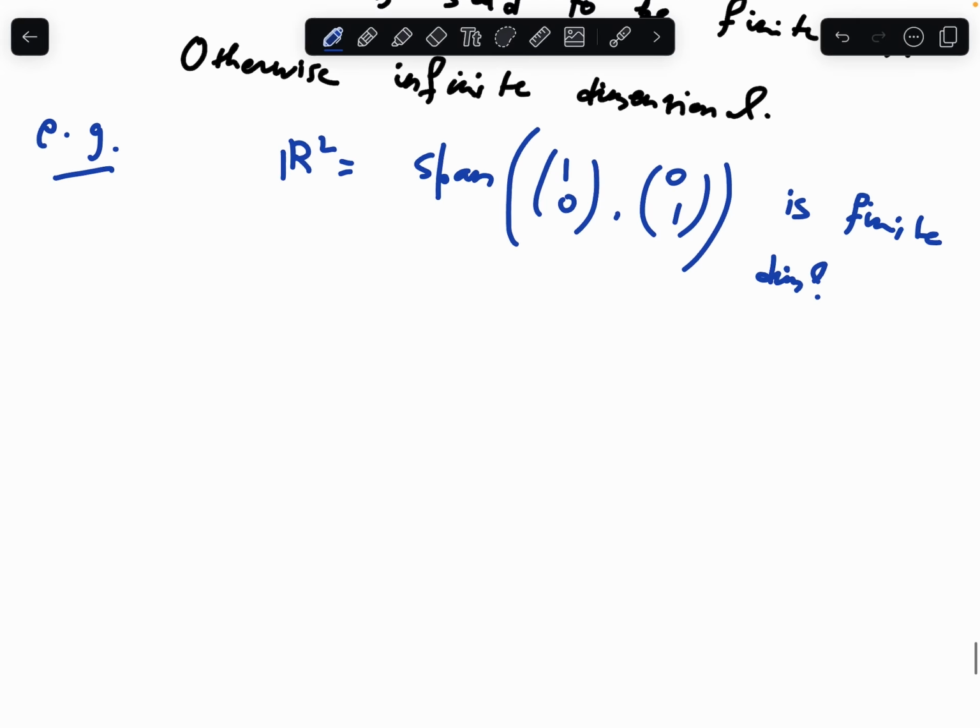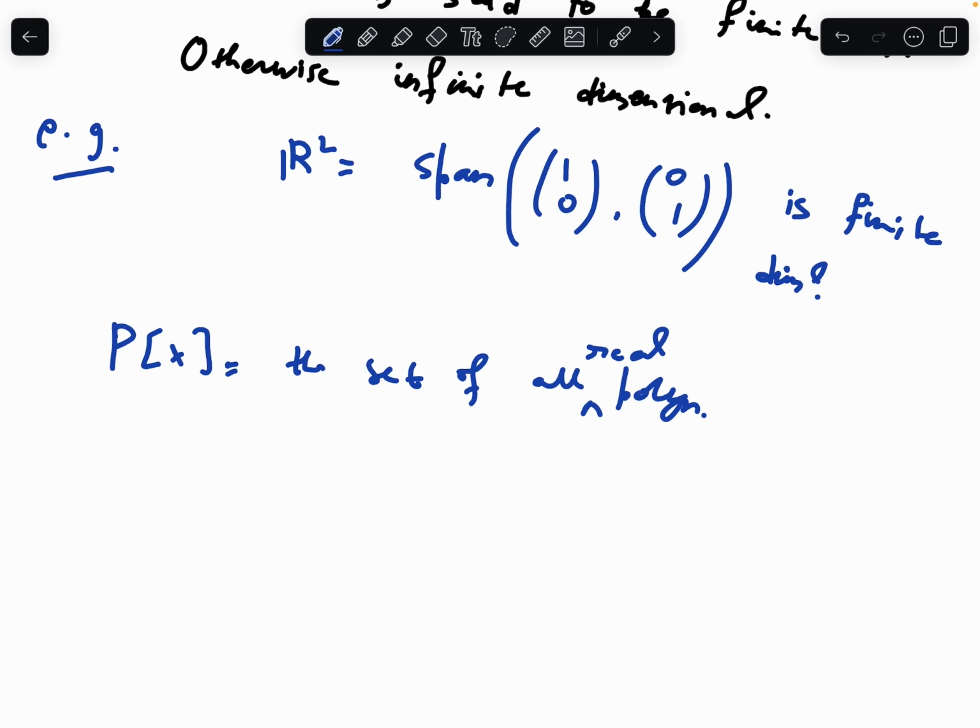Now let's take a look at this. P(x). What is P(x)? It's the set of all polynomials, all real polynomials. That is, the coefficients are real. The set of all real polynomials. So this is a vector space.